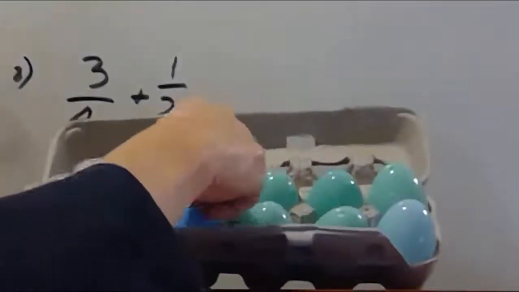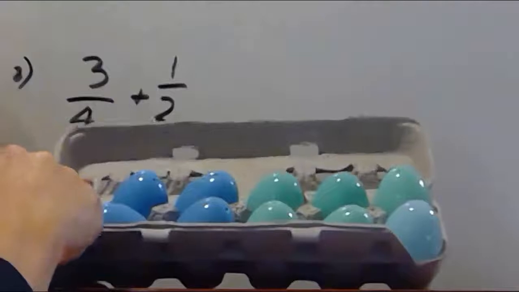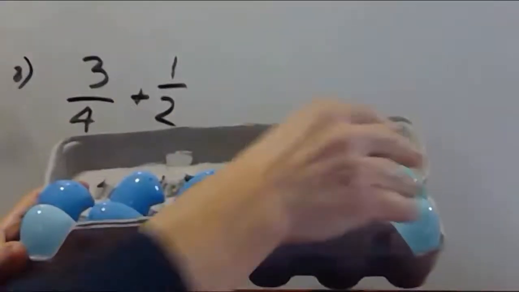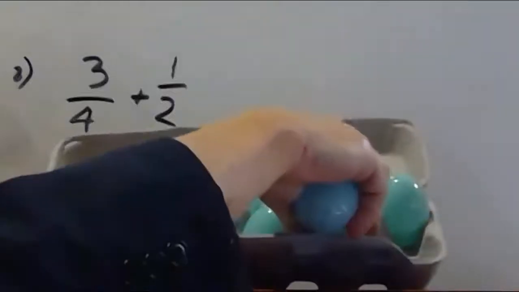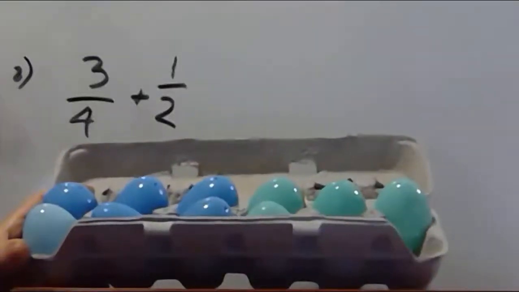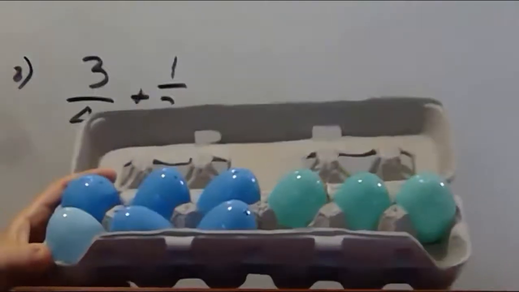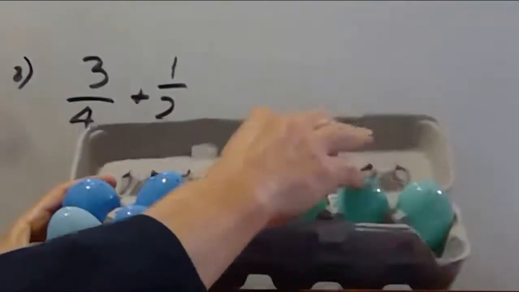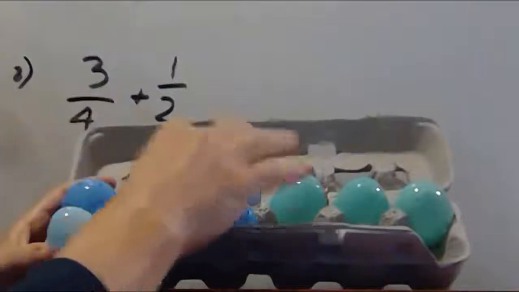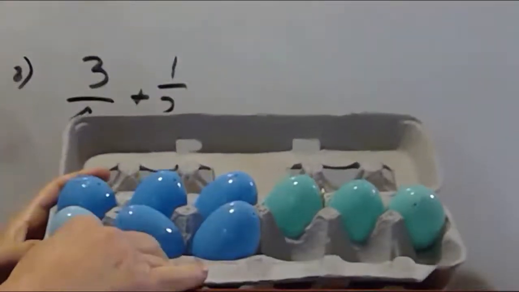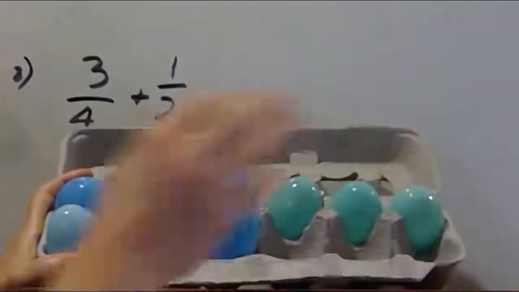So this is a 4th, this is a 4th, this is a 4th, this is a 4th. So each 4th consists of 3 eggs. So I'm going to take out a 4th from one of my egg cartons. So I'm left with 3/4 filled, and then 1/4 is empty.